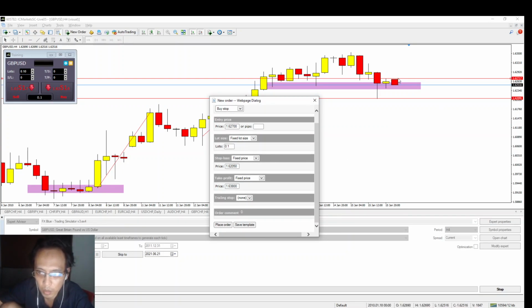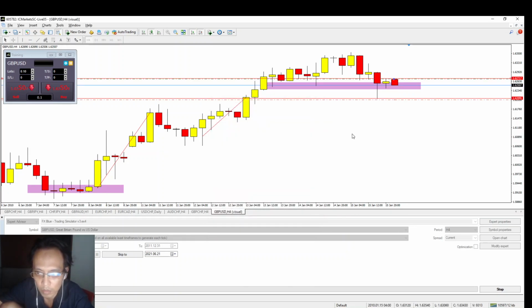Okay, so I put a buy stop here. With a buy stop, if price goes up, it will activate my buy order. This is a buy stop because I do not want to chase the price. By the time price reaches here, there's momentum to push the market up already.